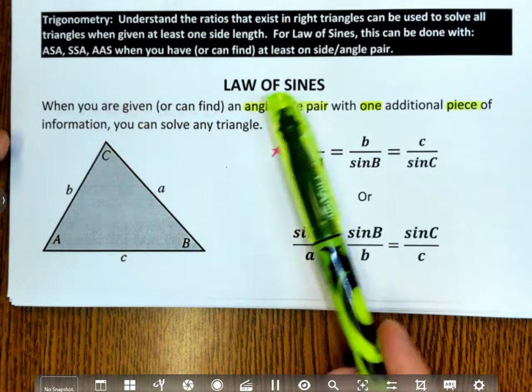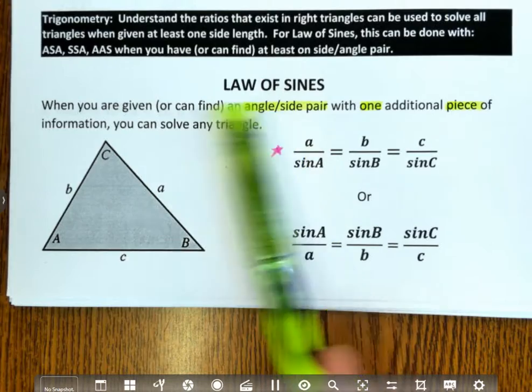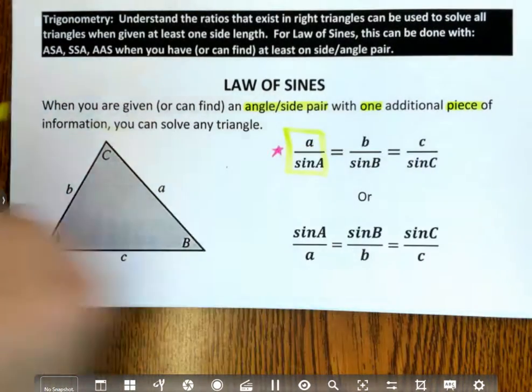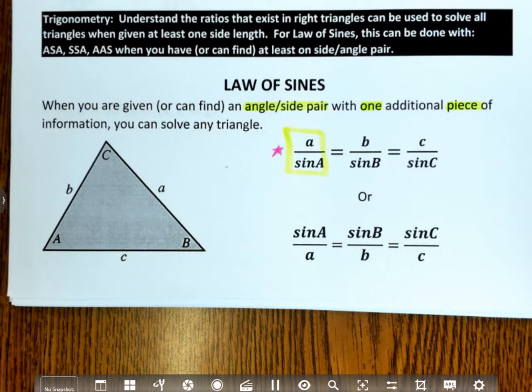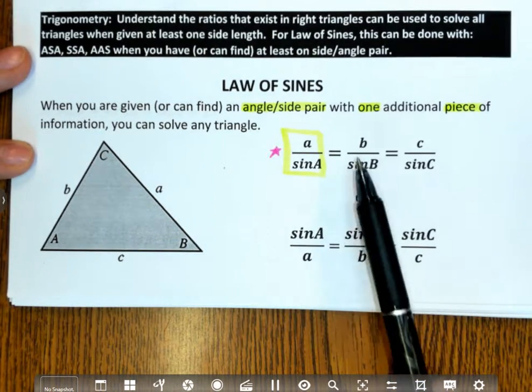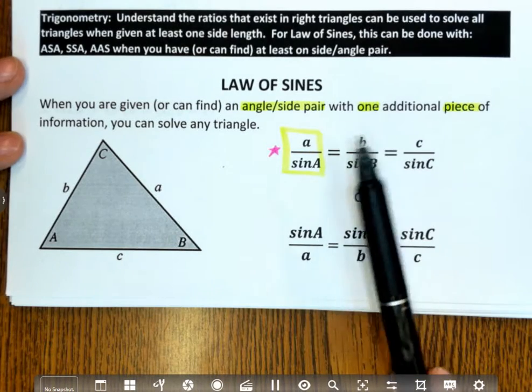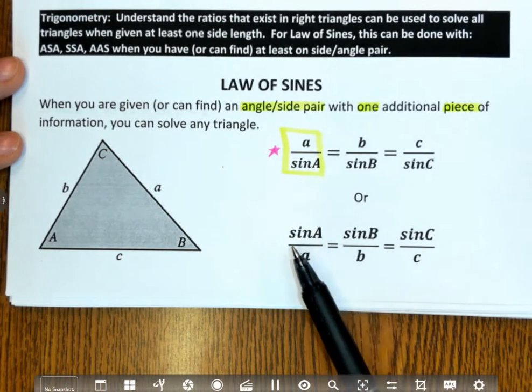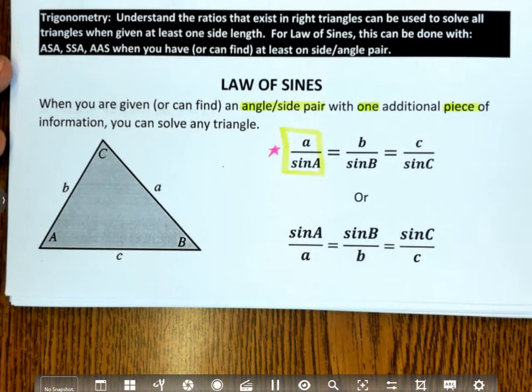So the law of sines, again, you have an angle side pair because I have to be able to set up one of those proportions. But with an angle side pair, you can do law of sines. So I want you guys to pick one of those. If you've never seen it before, I'm going to be doing it that top way, A over sine A. If you've done it before and you want to do it the other way, great. I don't care.